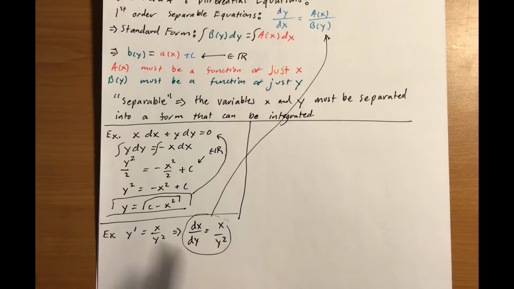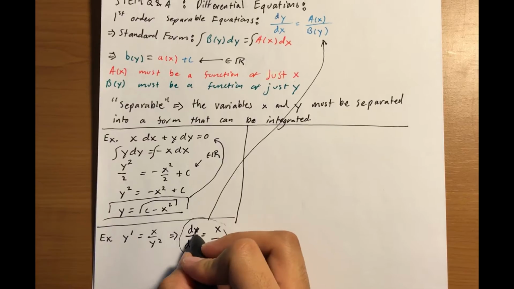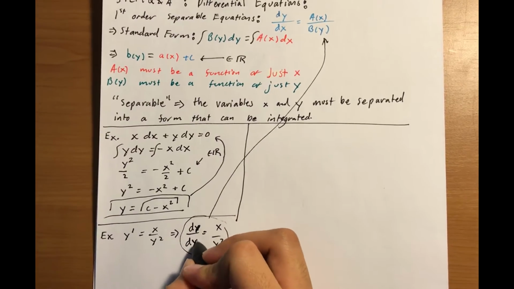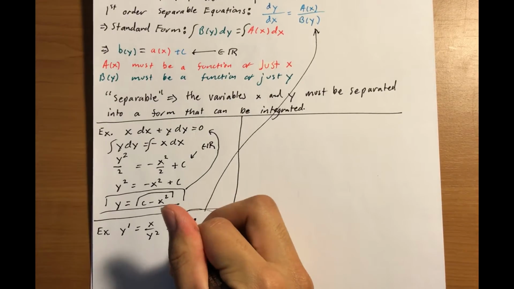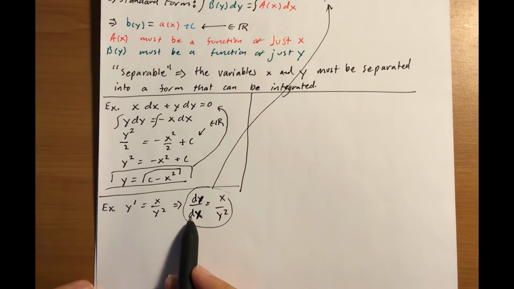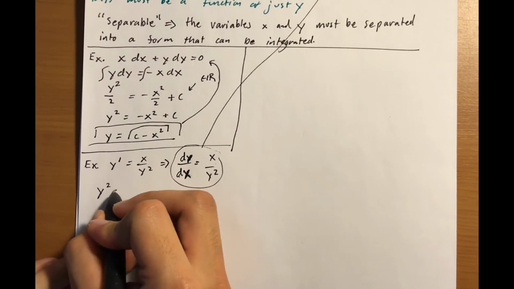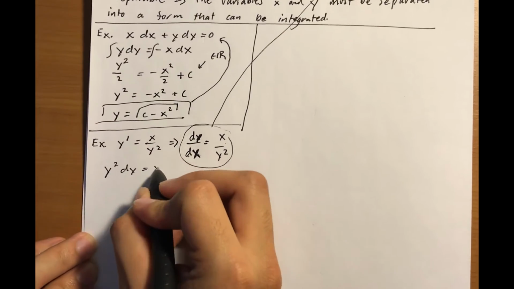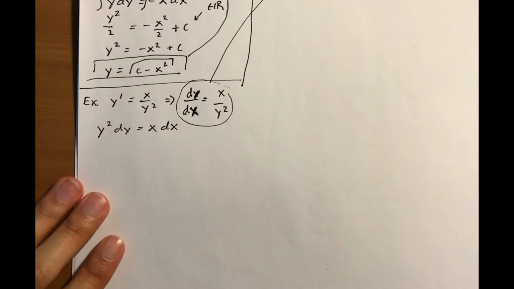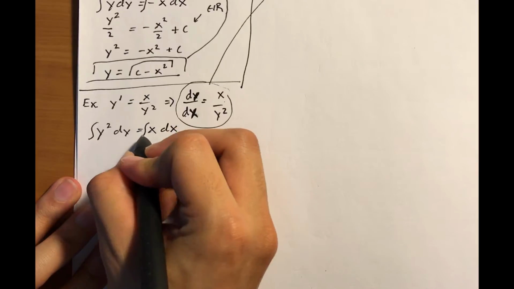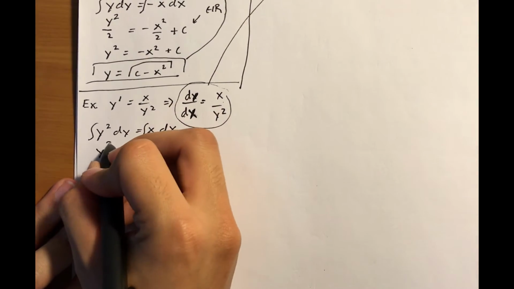So what we do is a little algebra. Move y squared to this side, and the dy... I made a mistake here. This is dy over dx. My mistake. So now we can move the dx to this side and the y squared to this side. And after this, we can just integrate, and simple integration techniques can be used.